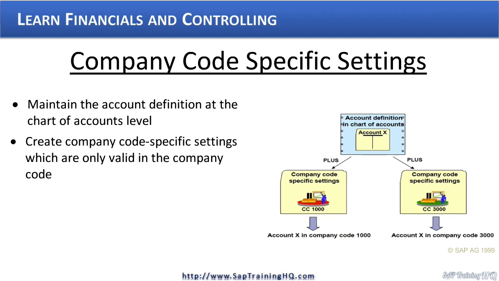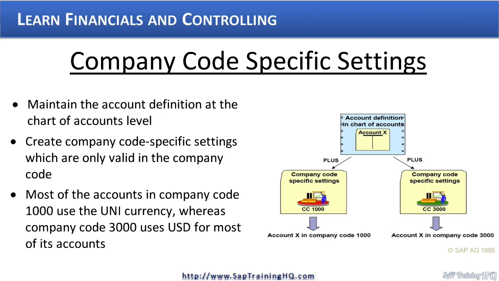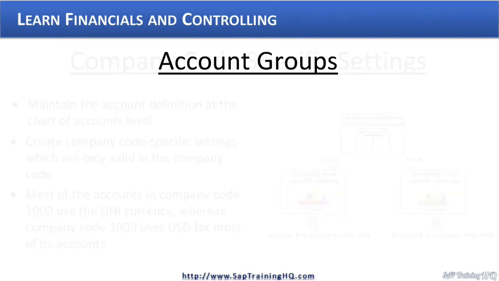The image here depicts the basic company code specific settings. Most of the accounts in the company code 1000 use the UNI currency, whereas company code 3000 uses USD for most of its accounts. Let's move on and understand about account groups.